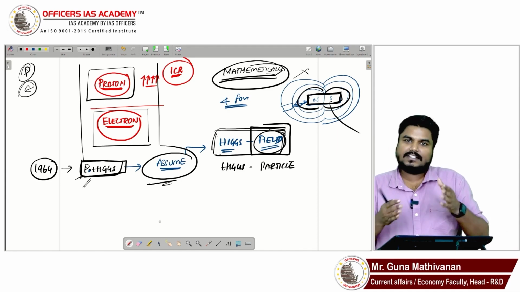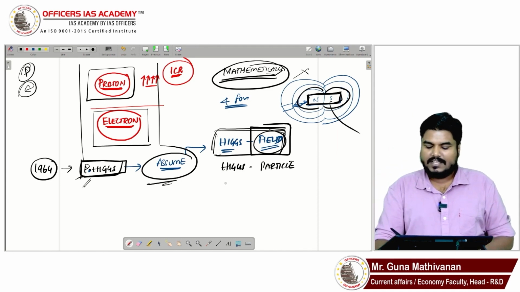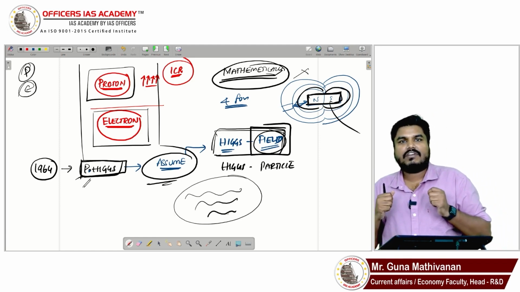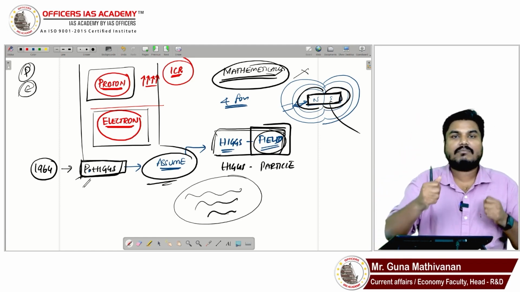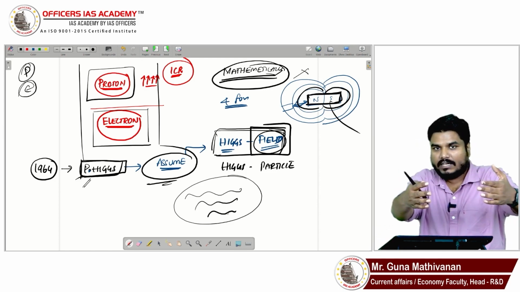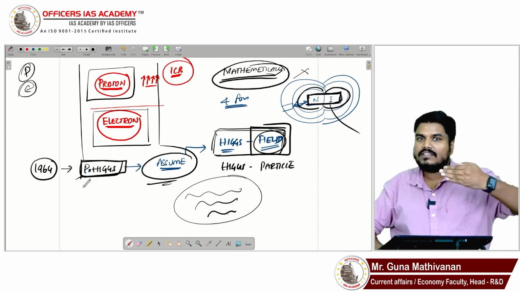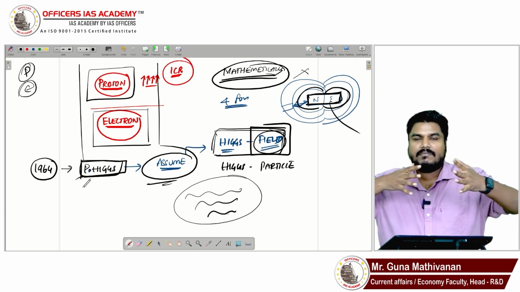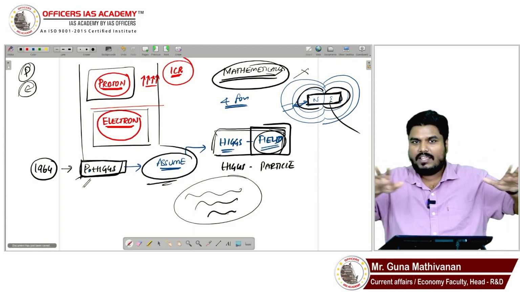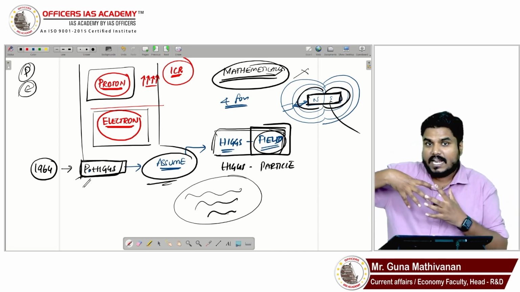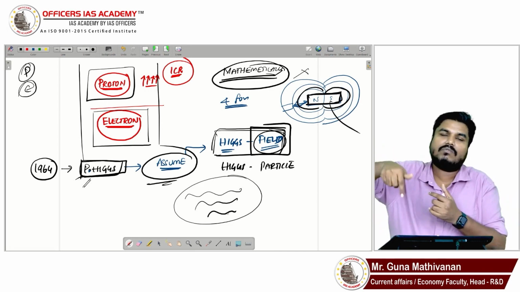To explain that, he is giving an example. Imagine a water body. Now, in this water body, I am running or walking. I am interacting with the water body. I am moving in this direction, and the water body is going to oppose me. It is difficult for me to walk in that water body because my body is interacting more with that water body.